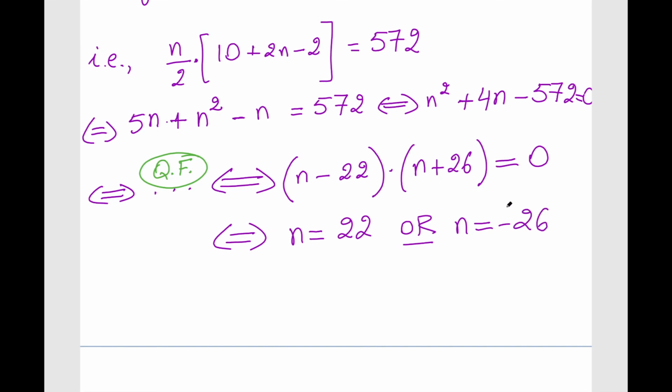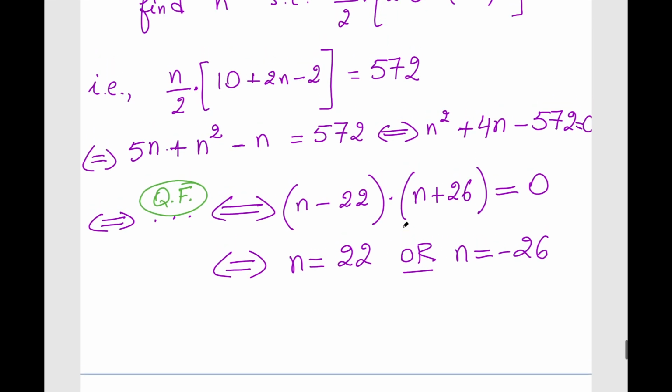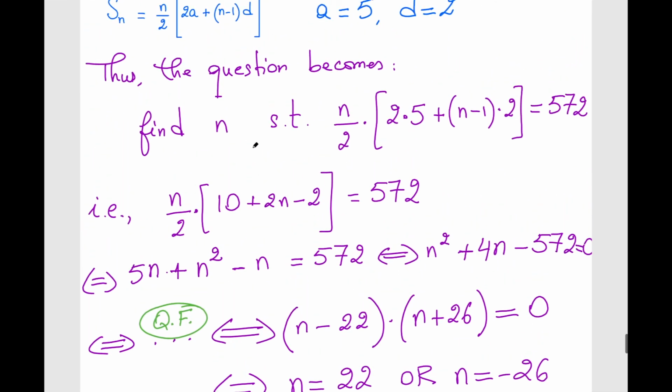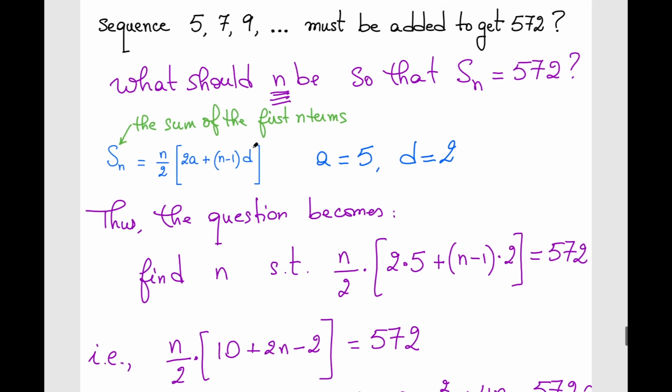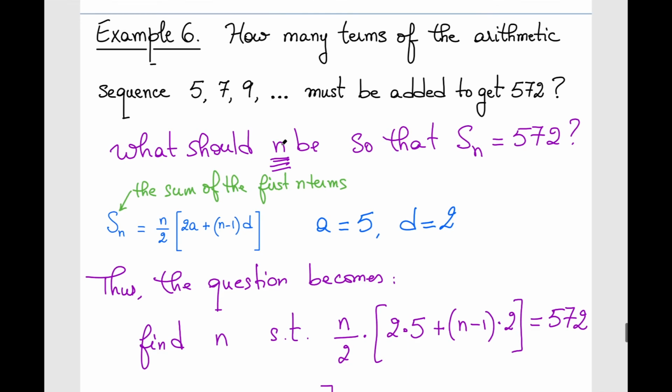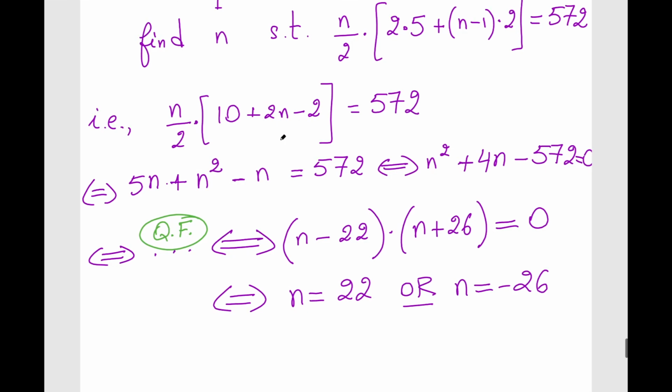Well, which one should we choose? Apparently I have two choices. Can I choose any of the two? Certainly not. What's our context? What does n mean? n means the number of terms that I should add to get that 572, the number of terms of that sequence. So certainly n should be positive.